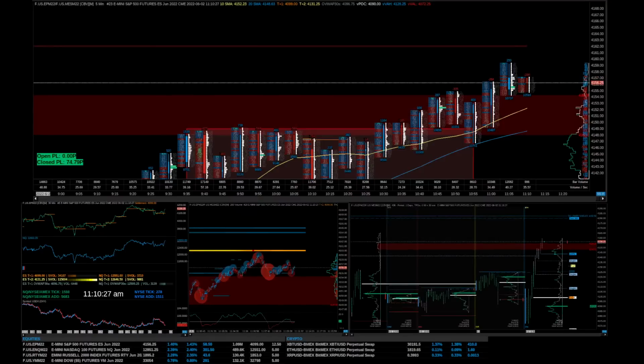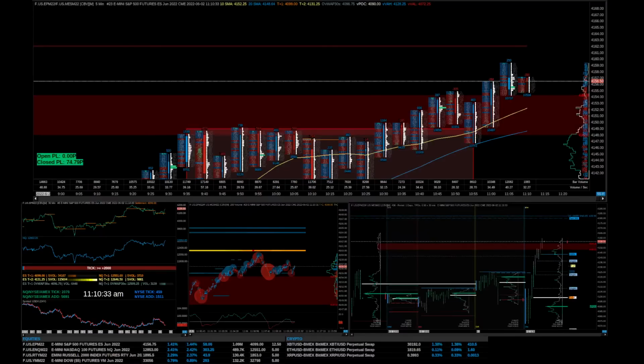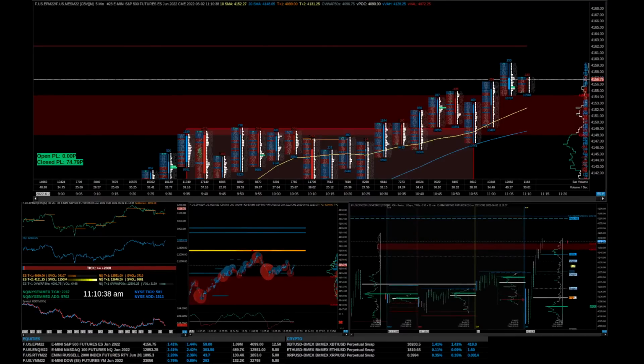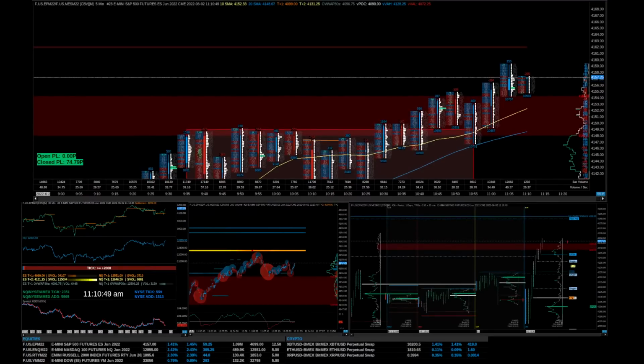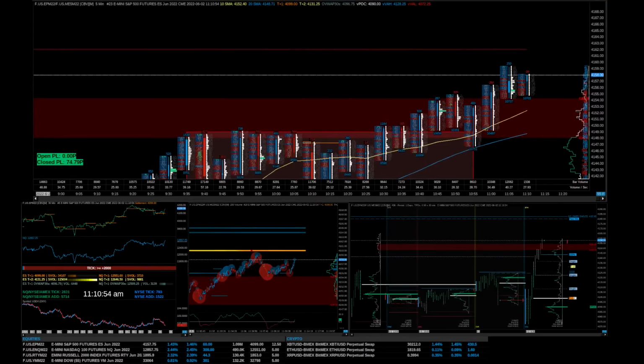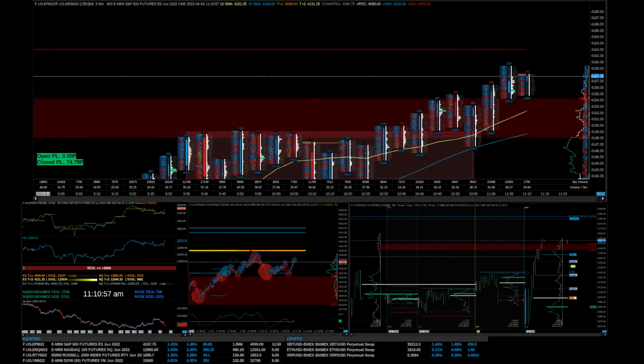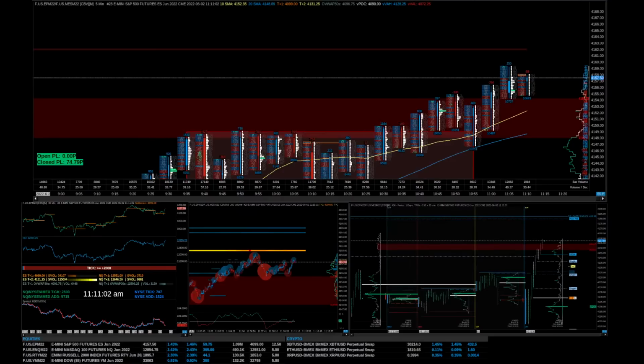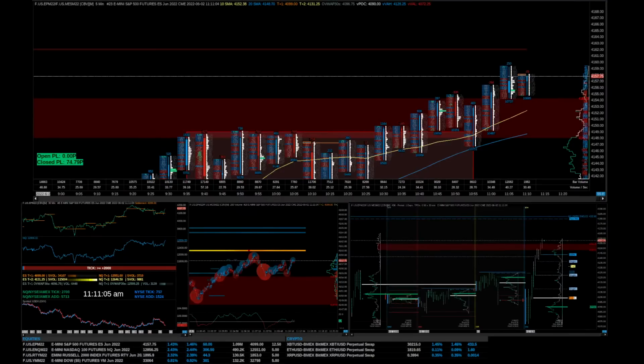If the first 60-minute range is really wide and really choppy, meaning the bulls have tried, the bears have tried, and we settle somewhere in the middle, and compared to all the prior days, the initial balance, or first 60 minutes of trade for RTH, is a very wide range, what you're going to have are players positioned over a wide area.